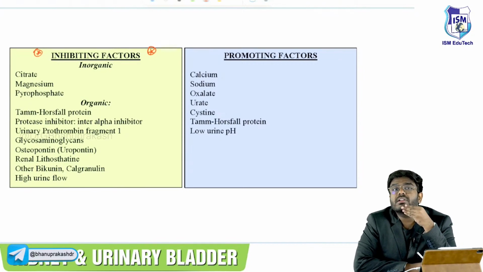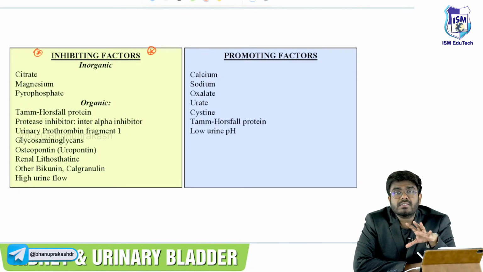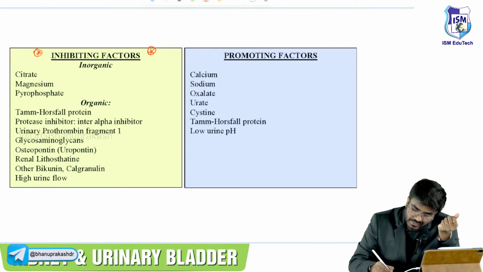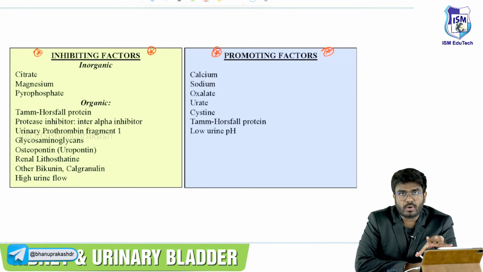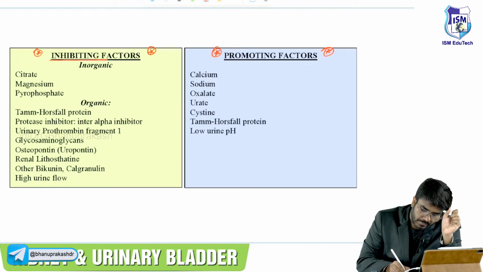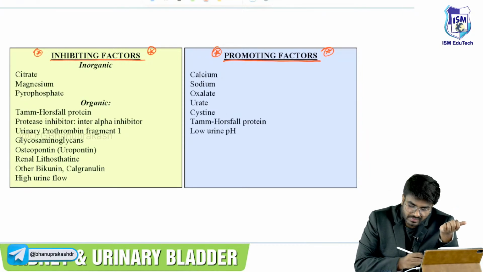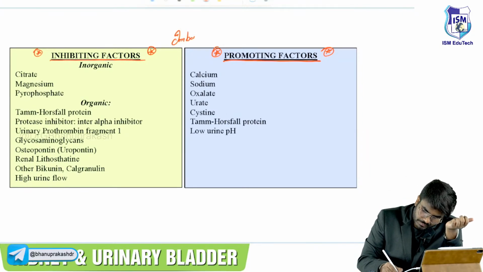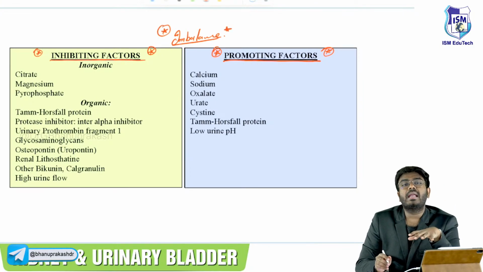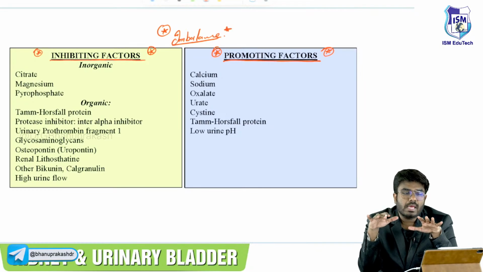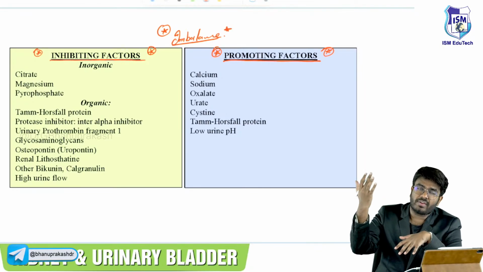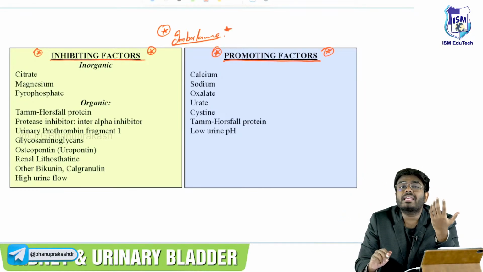Always in our urine, there are certain factors that try to inhibit stone formation, but there are certain factors which promote stone formation. If there is an imbalance between these promoting factors and inhibiting factors, meaning less inhibiting factors and more promoting factors, that can cause kidney stones.